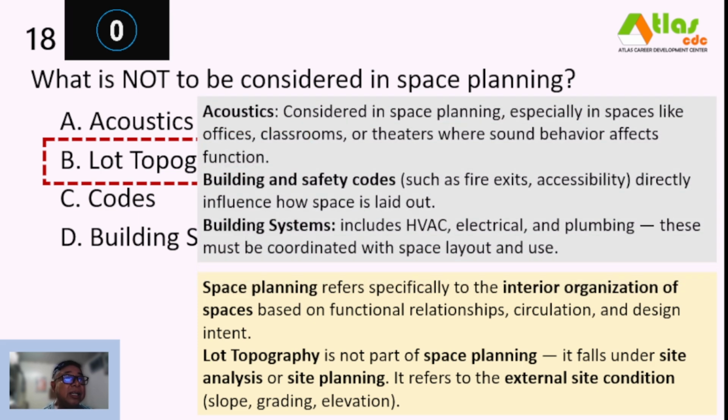Acoustics is considered space planning, especially spaces like offices, classrooms, or theaters where sound behavior affects function. Building safety codes such as fire exit accessibility would directly influence how space is laid out. And building systems, including HVAC, electrical, and plumbing, these are to be coordinated with space layout and use.